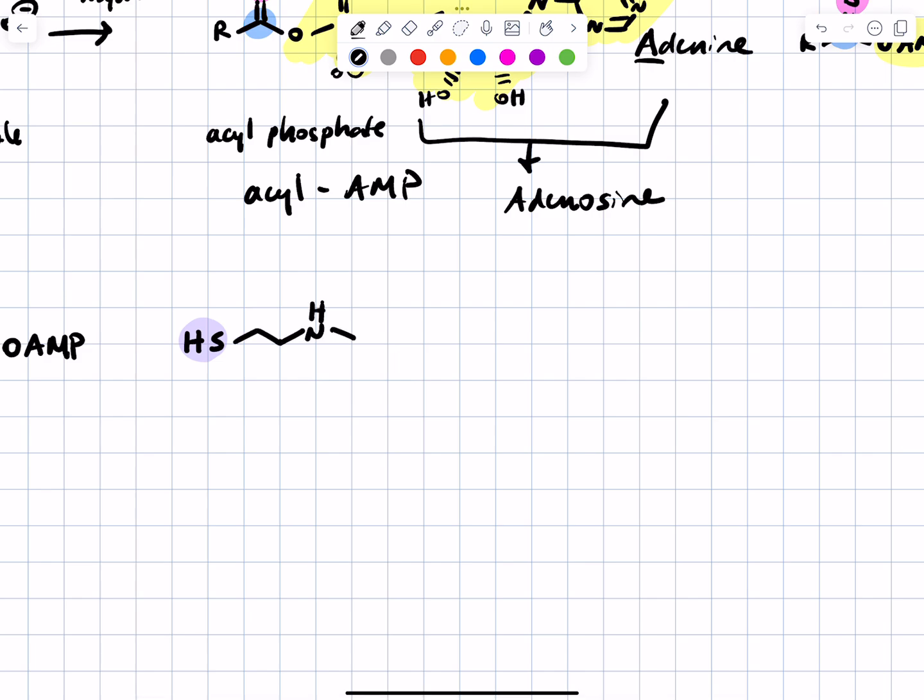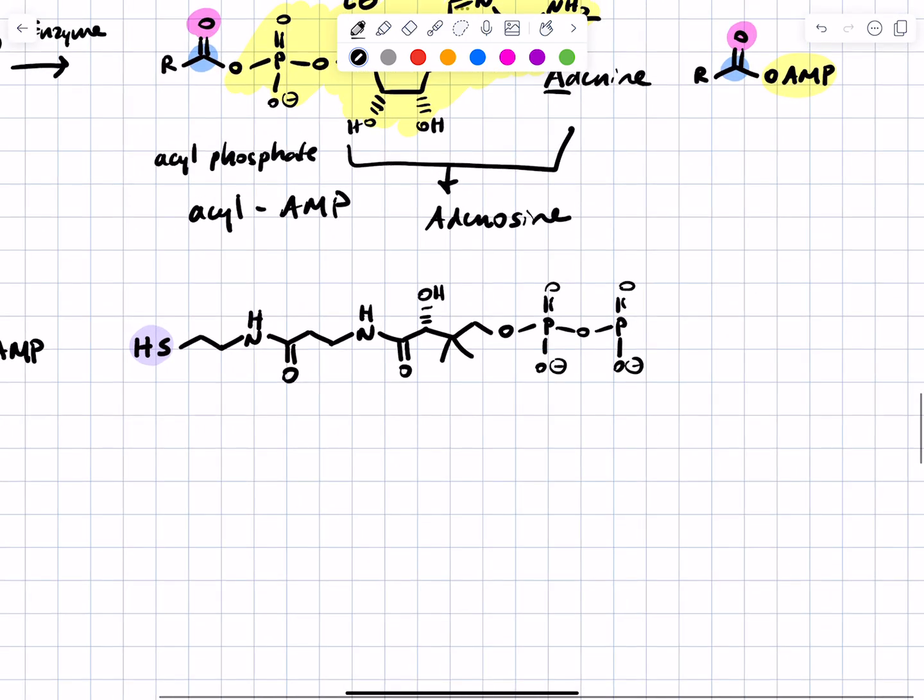There's 2 carbons and a nitrogen, an amide bond, another 2 carbons and another nitrogen, and then another amide bond, and then an oxygen, and on the neighboring carbon, let's just put 2 methyl groups, just because, and then an oxygen here, then a phosphate, then another phosphate, and I'm running out of space, then a ribose ring.